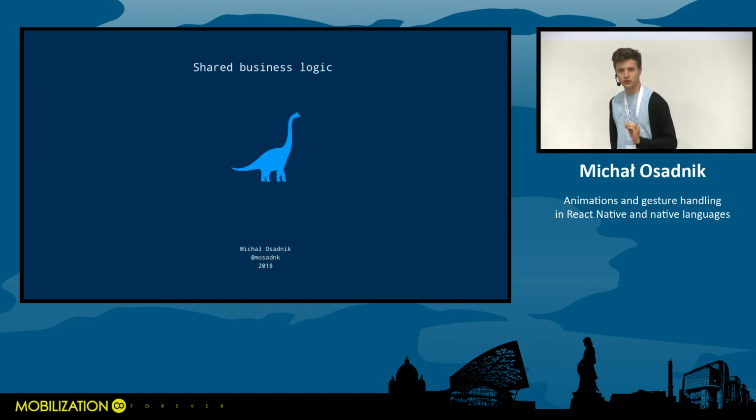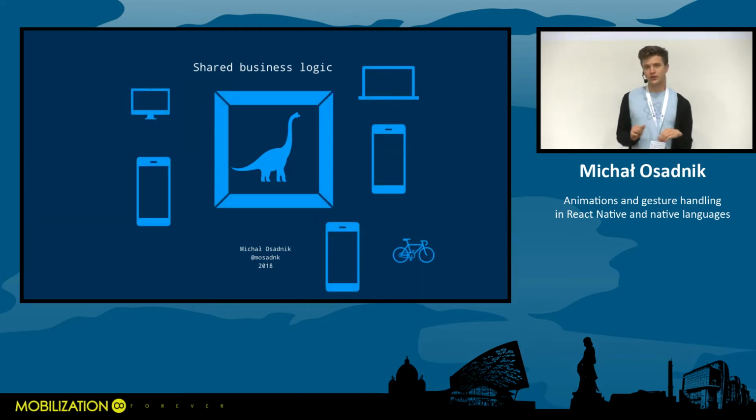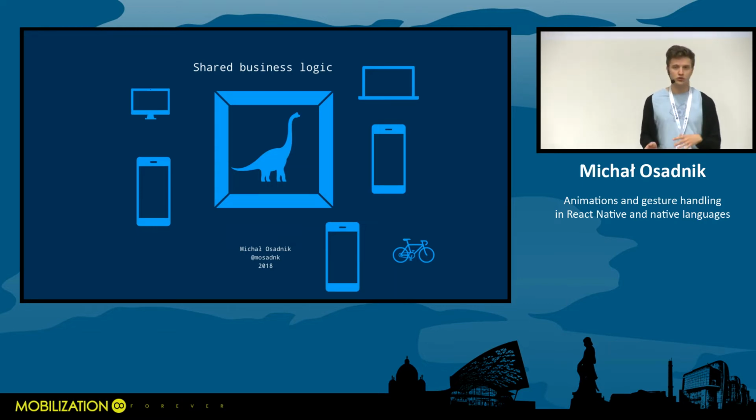So the first great feature of React Native is shared business logic. It means that we can write some logic once, our business logic, and then we could reuse it on each platform. Let's imagine that you have some complex business logic, and now you have a website, you have an application on iOS, you have an application on Android, and if you wish to change something, if you wish to build some new feature, you have to do it on three platforms.